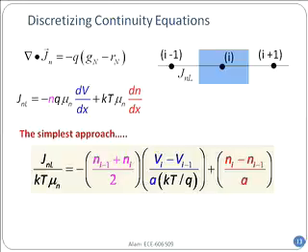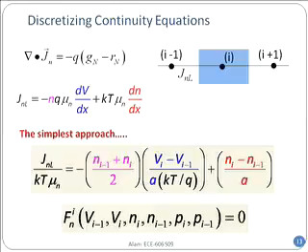At the end, I didn't do that step, but just to give you a flavor, do you agree with this statement that this continuity equation will actually depend on all the potential? Where is the potential coming from? From the drift term. That's all the potential and carrier concentration throughout this region for this node.